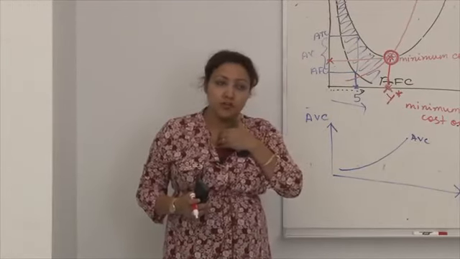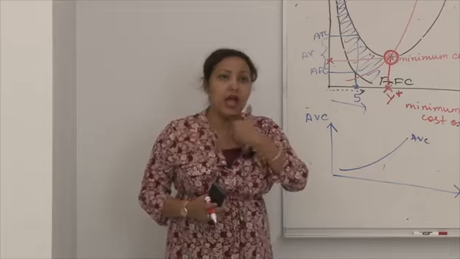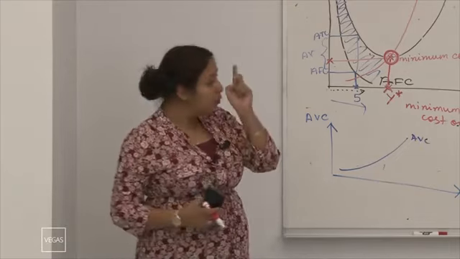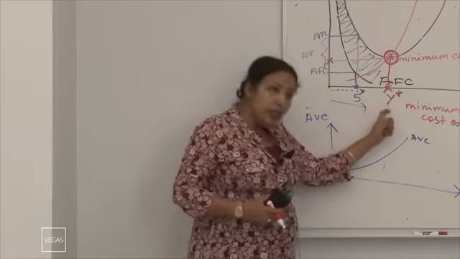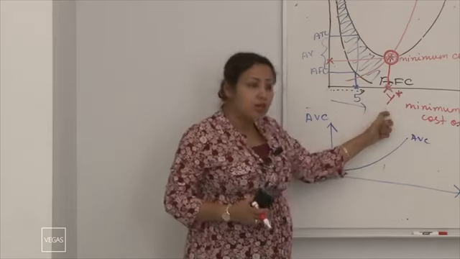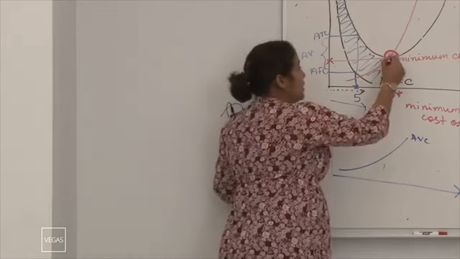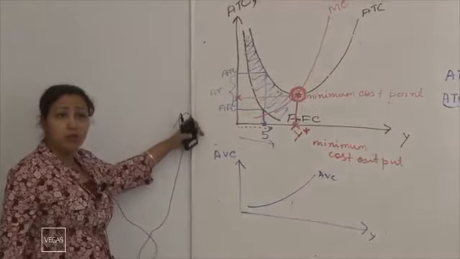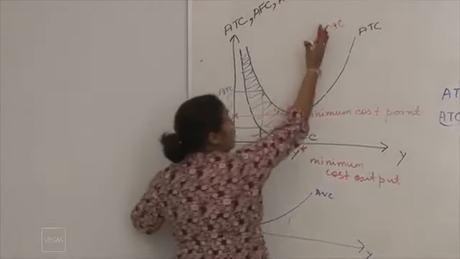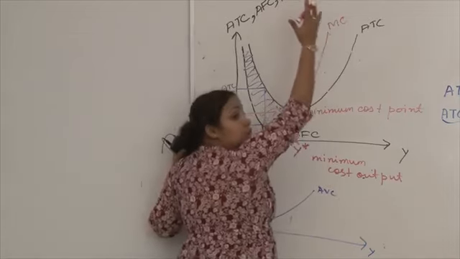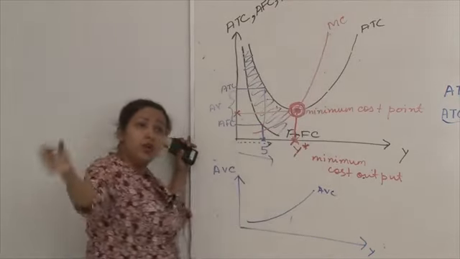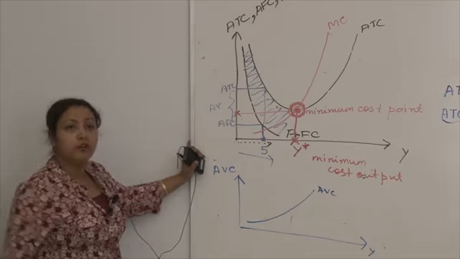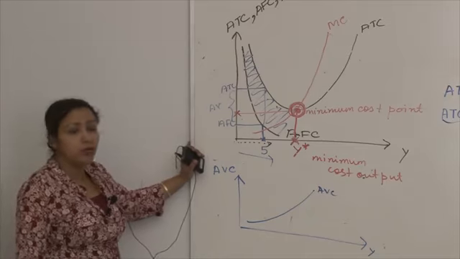So as a rational producer, I would want to hire only those many workers, and produce only those many shirts, for which my MC is exactly equal to my minimum average total cost. I will not want to be in that zone where my MC is rising even further, which means I am bringing in more and more unproductive workers into the business, like he pointed out. Why would a producer want to do that?